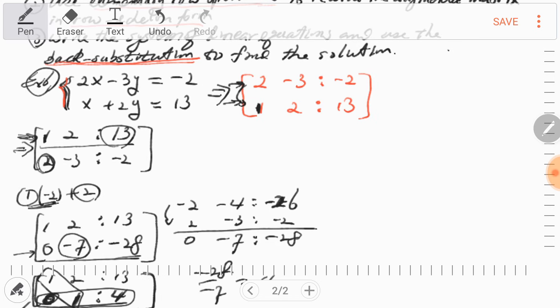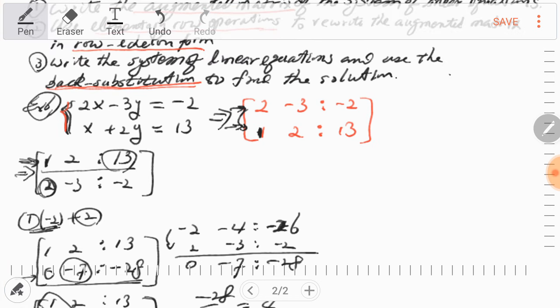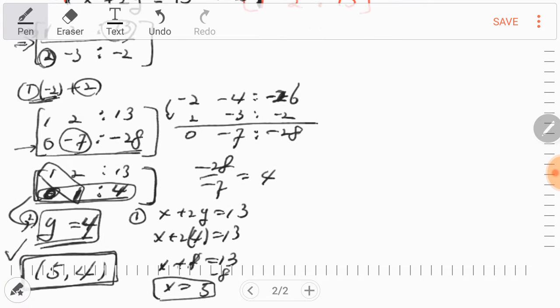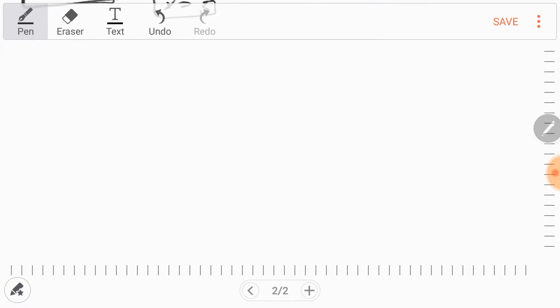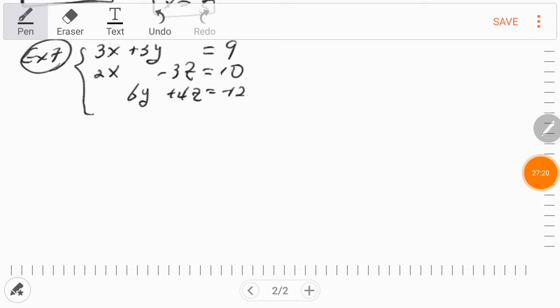Okay, we will use the same method. This time let's try a system of 3 equations. In this example 7, let's solve the system of equations.